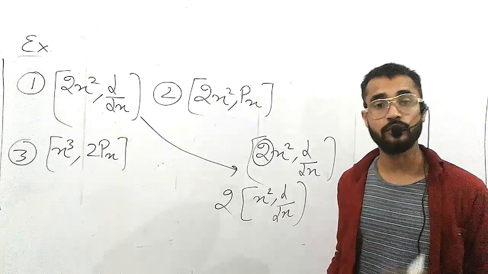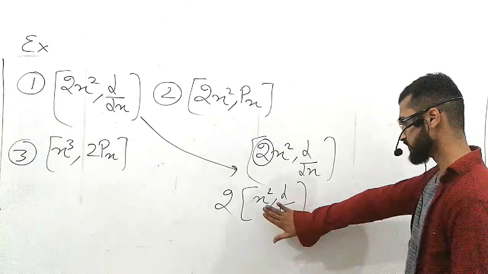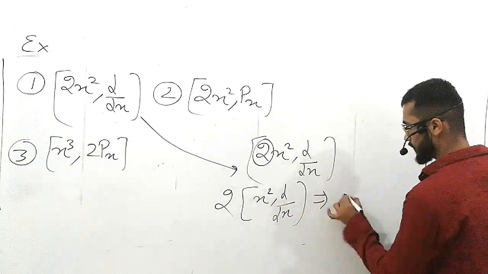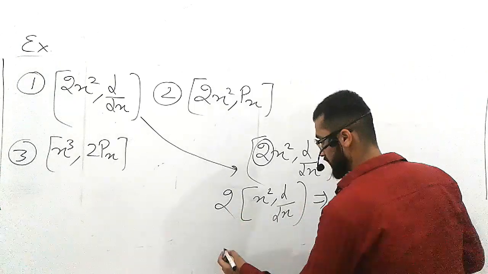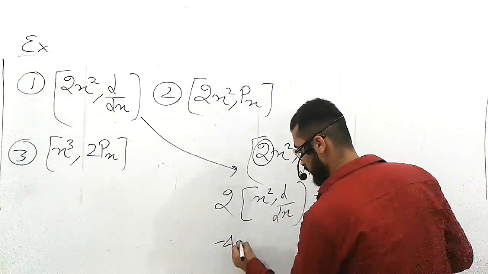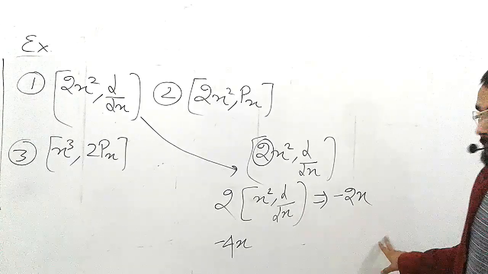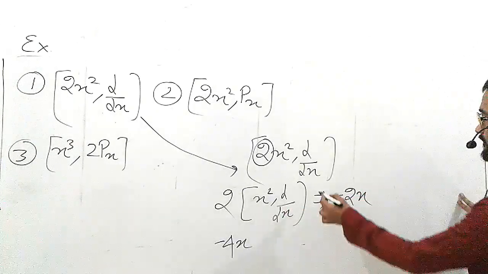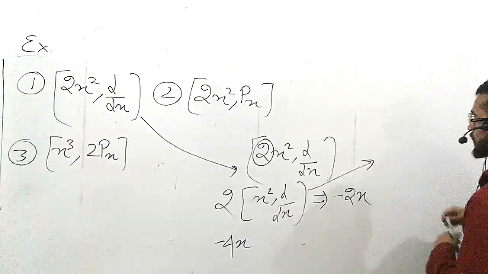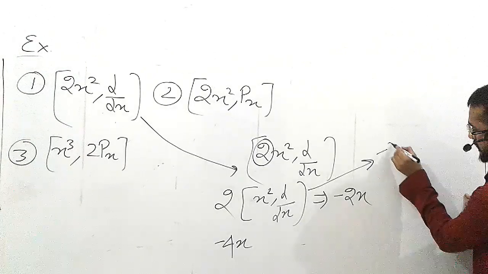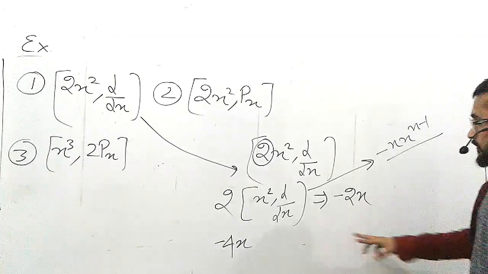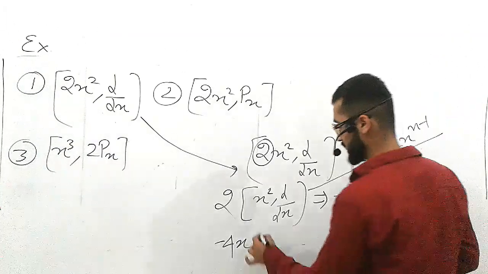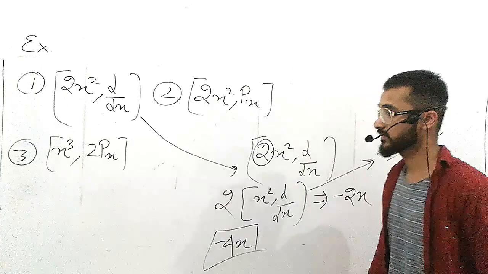And previously what we have discussed, it will be written as minus 2x. So what will be the result? Minus 4x. Okay, how did I solve it? It is minus n x power n minus 1. So the resultant will be minus 4x.